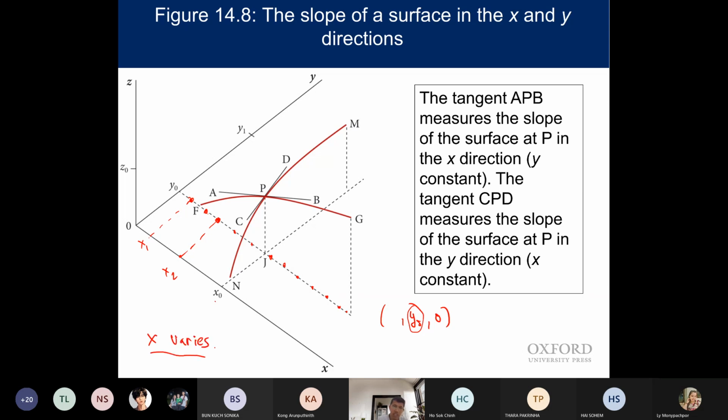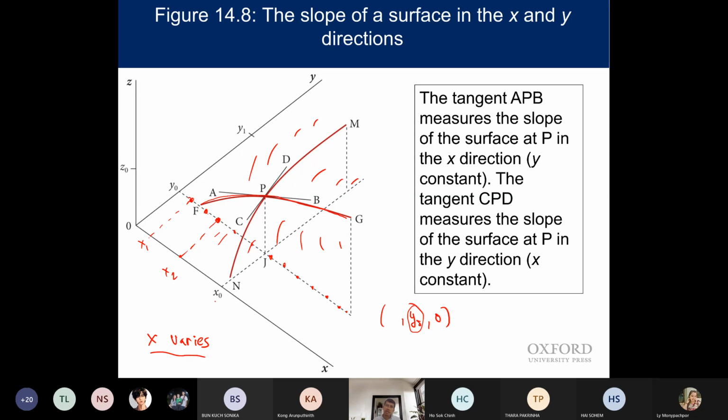So just like you let y equal to a fixed value and then x varies, what happens to the surface? It's just like a section of the surface. In other words, it's a curve, right? This is the surface, but we just focus on a section, and in this case it's a curve.